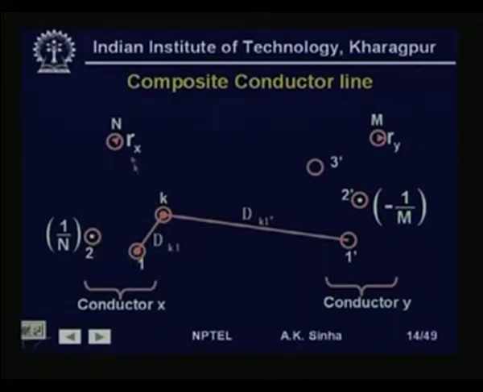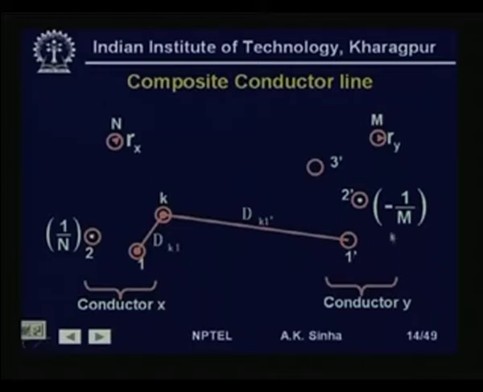So, they will be carrying 1 by n of the current, that is, there are n subconductors, and total current flowing through this is I. So, each subconductor will be carrying I by n current.